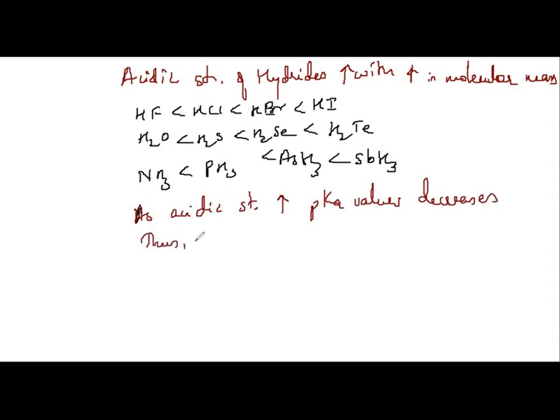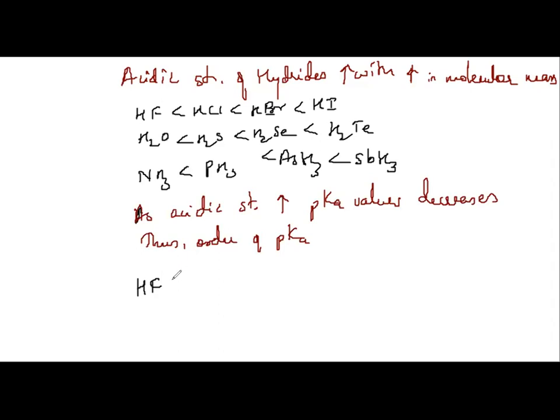Thus, the order of pKa for all of them, if I want to write, I will write it as HF is having less pKa value. So as acidic strength increases, pKa value decreases.